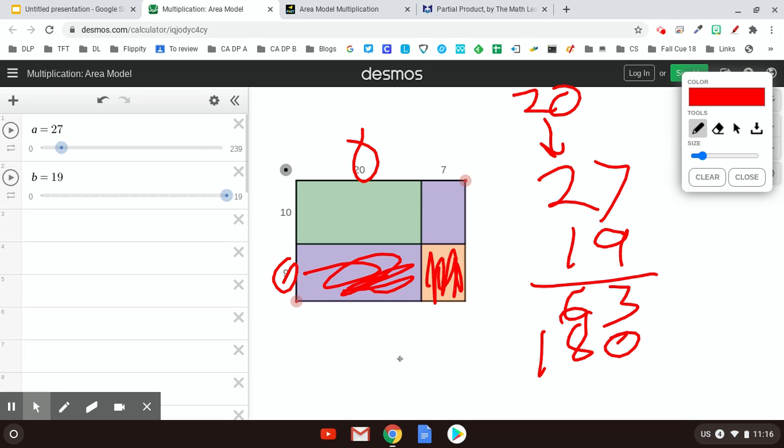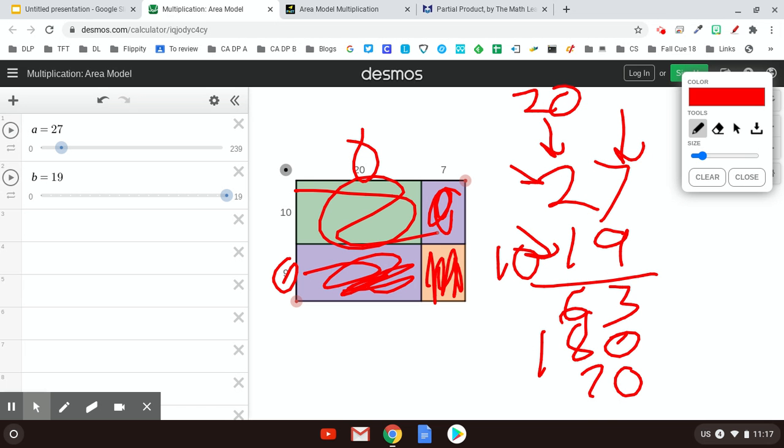And then when I'm doing 7, this is times 10 right there. So we have this 7 times 10, which is 70. And then we have this 20 times 10, which is this big space right here, which is 200, and adding those together.